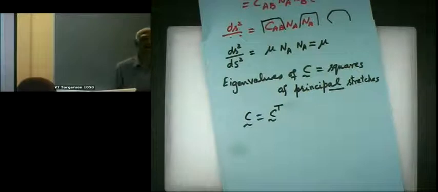Distinct means different. All it says is you will have 3 real eigenvalues. And since C is positive definite, you will have 3 real positive eigenvalues. Actually, it's positive definite because we assume the Jacobian is positive, so there is no 0 eigenvalue of C.